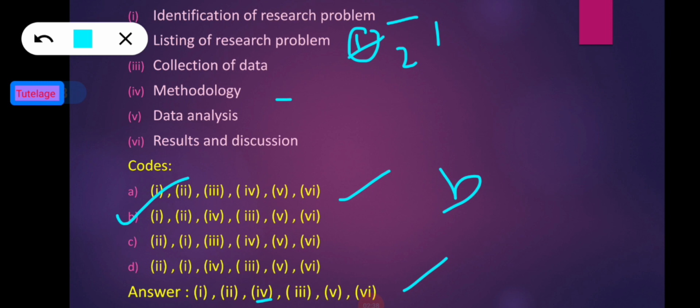So the first step is identification of research problem, the second step is listing of research problem, the third step is methodology, the fourth step is collection of data, the fifth step is data analysis, and the sixth step is result and discussion. I think this is clear.